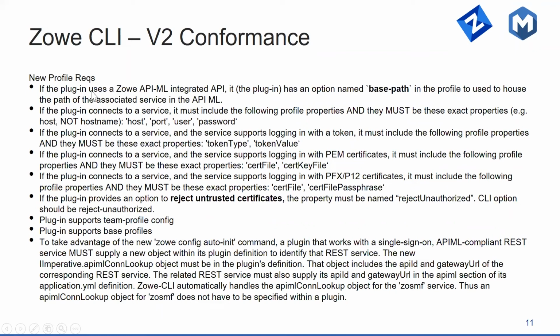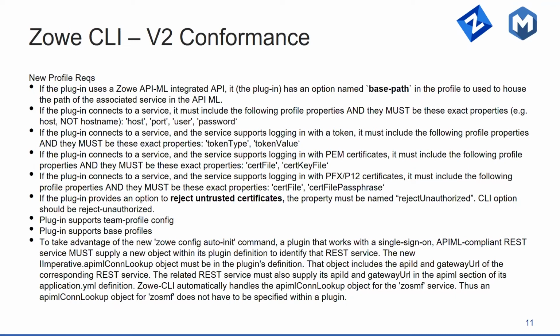Some new profile requirements. Some plugins already meet these conformance standards, but there are a few that need to make changes. The first is that if your plugin uses a Zowe API Mediation Layer integrated API, it must have an option named base path in the profile to house the path of the associated service in the API Mediation Layer.